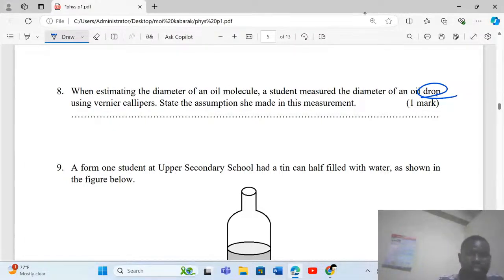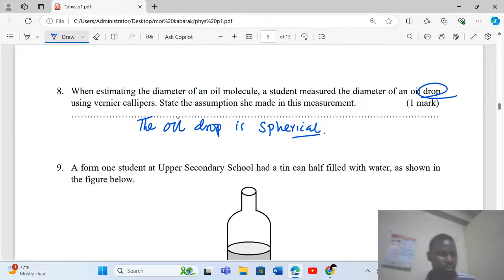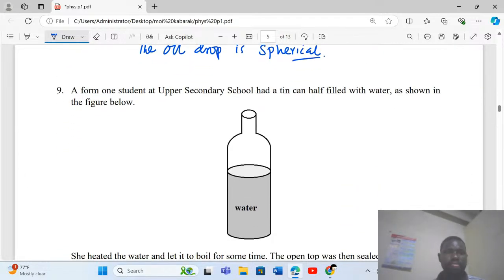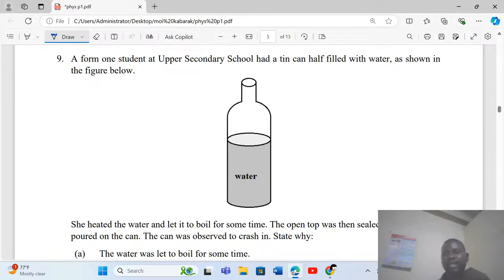So in this case, it must have been spherical. It is spherical.